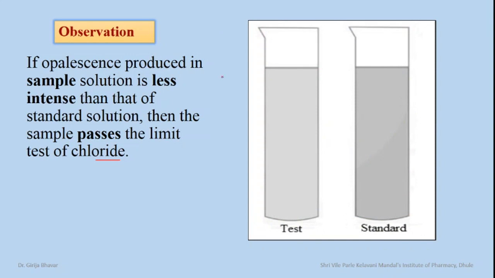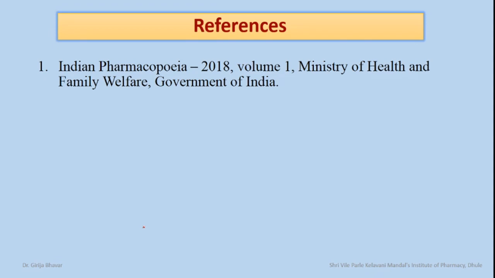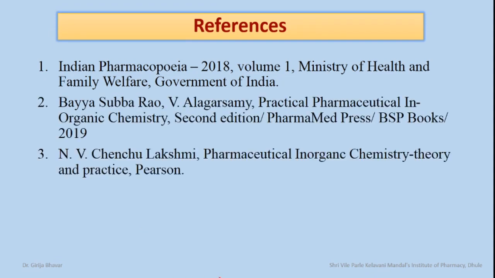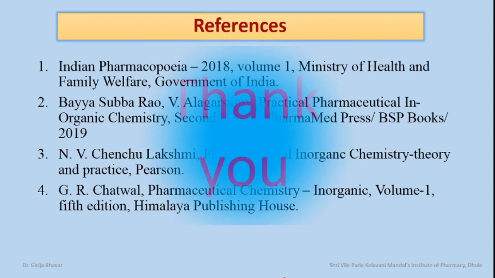So if the turbidity in the test solution is less intense than the turbidity in the standard solution, then this sample passes the limit test for chloride, meaning chloride impurities are present within the acceptable limit in the sample solution. So these are the references for this limit test for chlorides. Thank you.